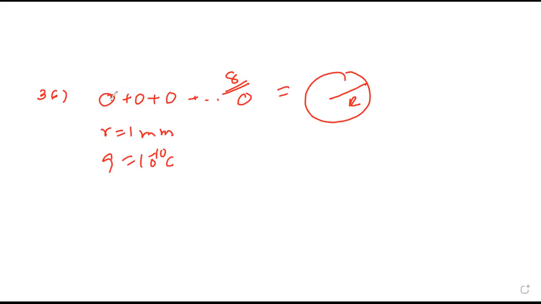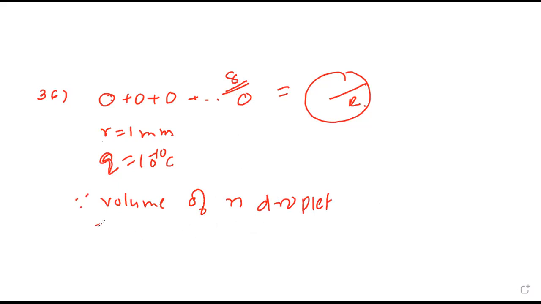Whenever droplets combine to form a drop, always first find the relation between their radii. I'm doing one generalized formula with n droplets, and in the final answer, in place of n I will put 8.